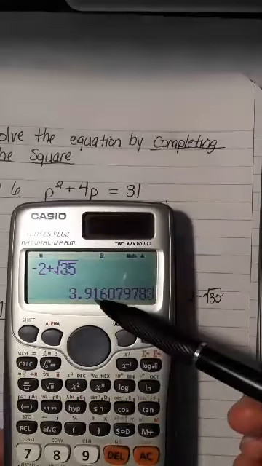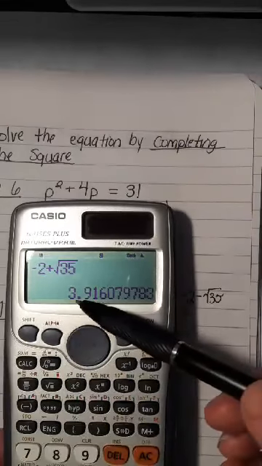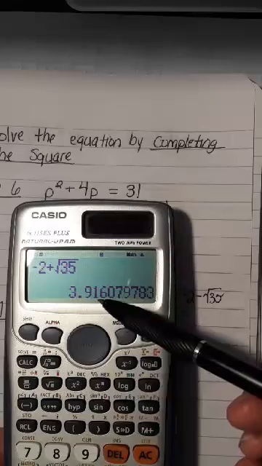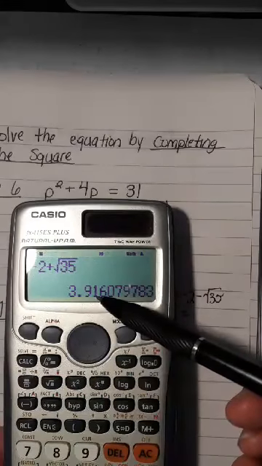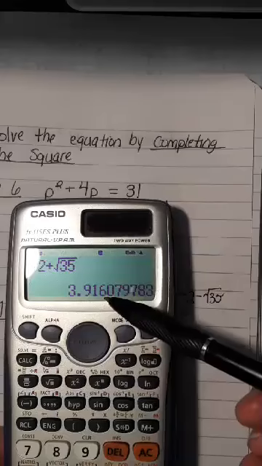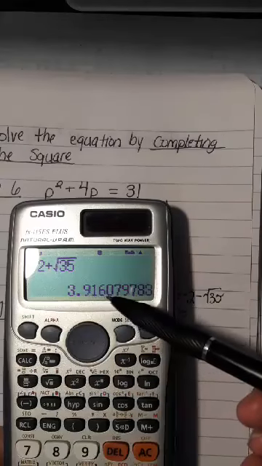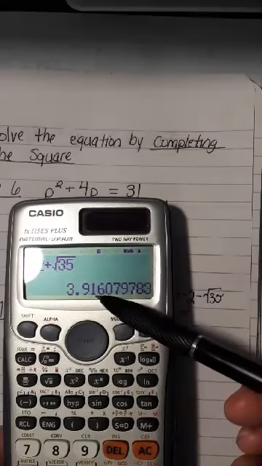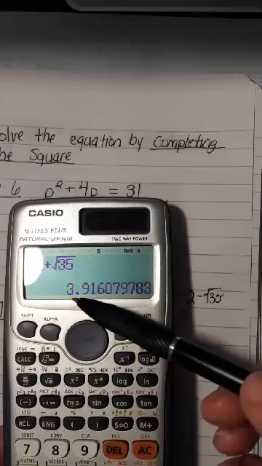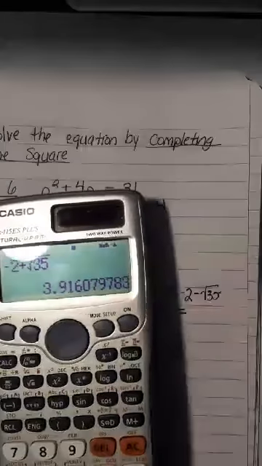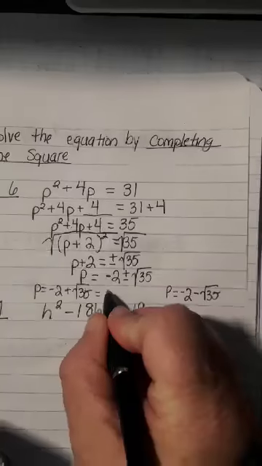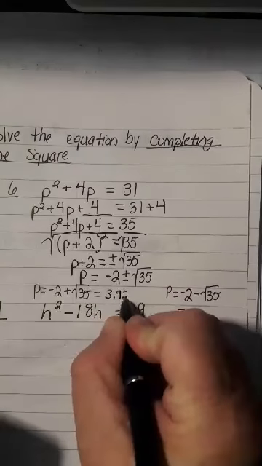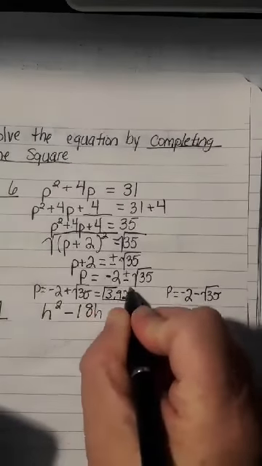Remember, the hundredth spot is where the 1 is. So it's going to be 3.9, and then you've got to round the 1 up to 2 because of the 6 that's behind that 1. Anything in that third position behind the decimal, anything 5 or higher is going to make that number in front of it round up. So that's going to be 3.91. No, I'm sorry, 3.92. 3.92 is one of your answers.